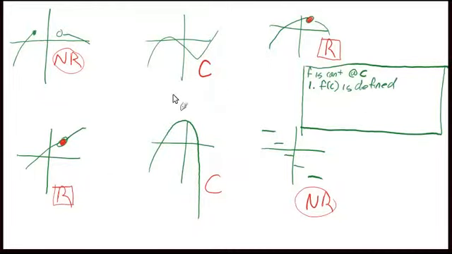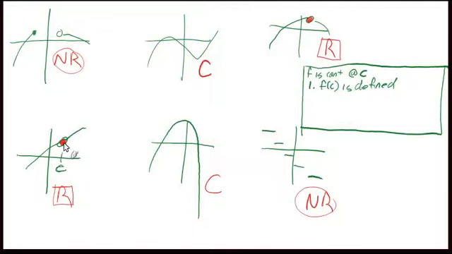Okay, so let's look at some of these. Imagine I haven't removed their discontinuity. Let's look at this one right here as it looks right now. Imagine this point was never here, and all that this is, is a line and a hole and a line, and this one as well. The problem with this one at c is that it's discontinuous at c because it's not even defined at c.